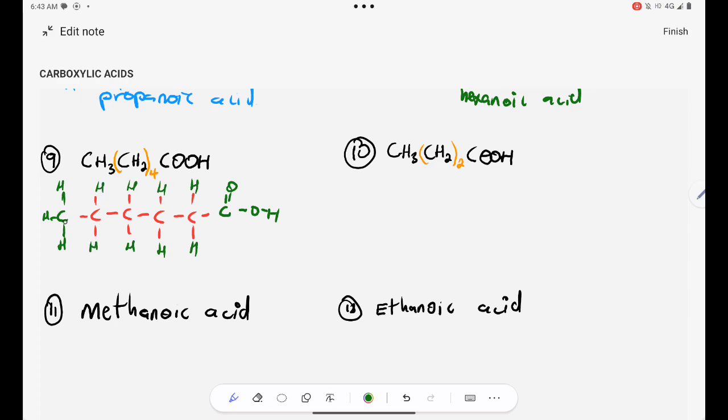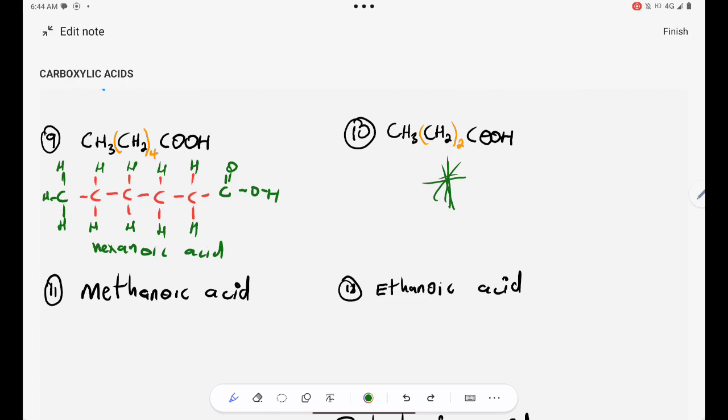How many carbons do you have? 1, 2, 3, 4, 5, 6. We are dealing with hexanoic acid. Are you together? Please draw the structural formula for this one, guys, and then give me the IUPAC name on the comment section so that I can come back and check whether you're correct or not.